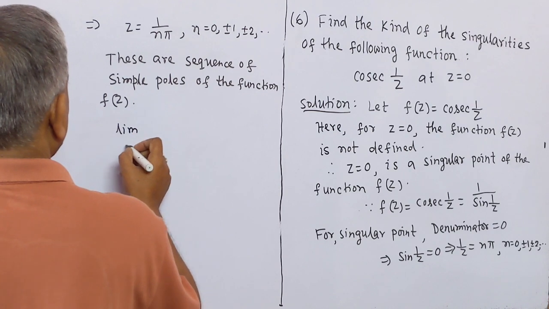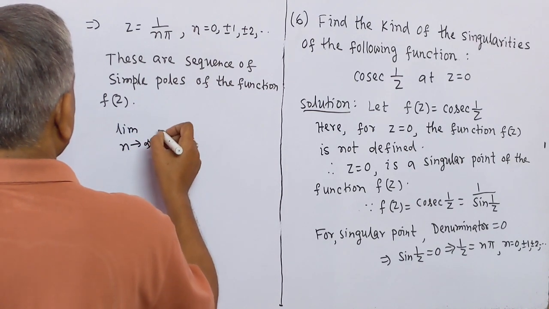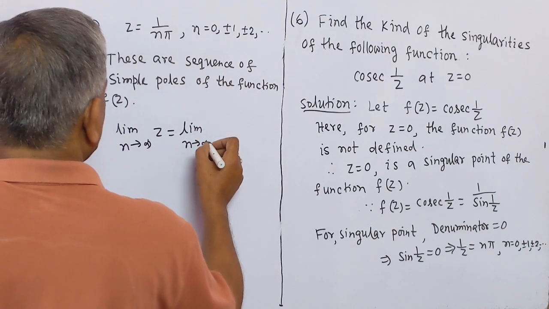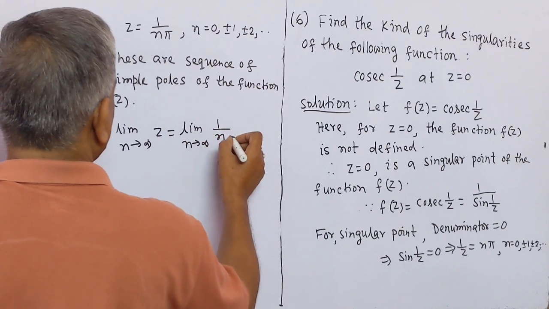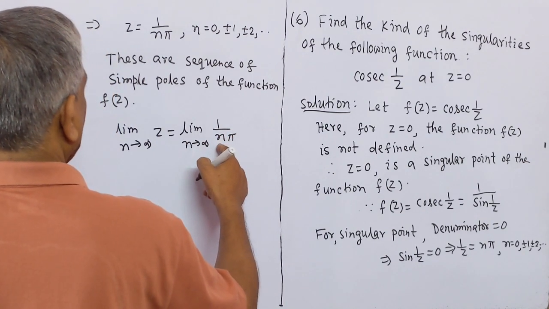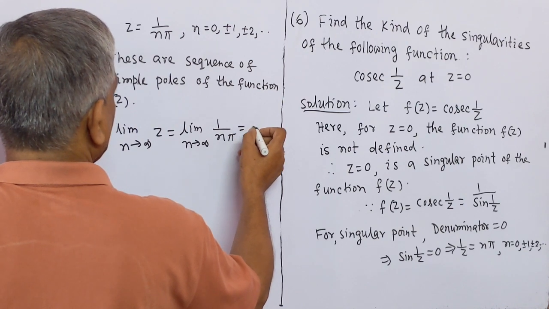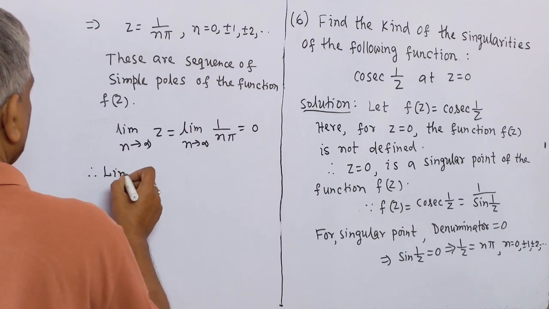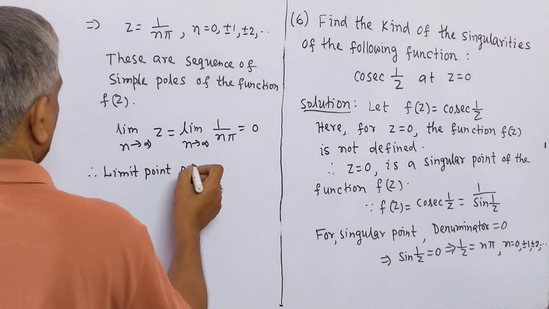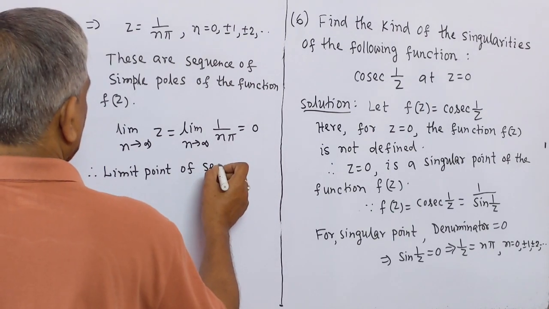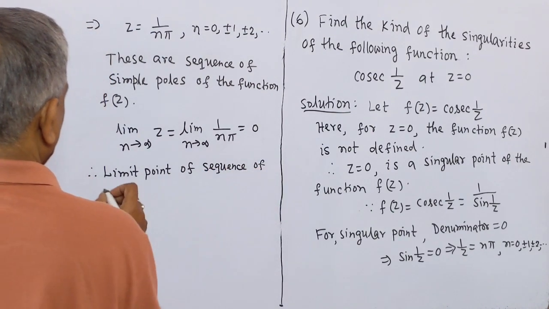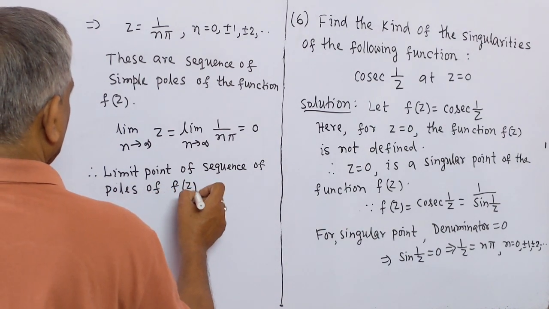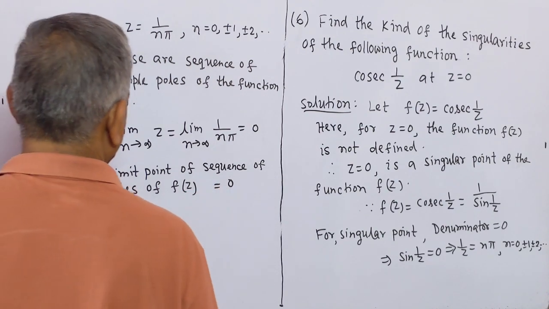Limit n tends to infinity, z equal to limit n tends to infinity 1 by n pi. If n equal to infinity, then this is 0. Therefore, the limit point of the sequence of poles of f(z) equal to 0.